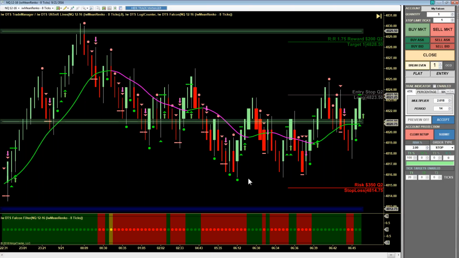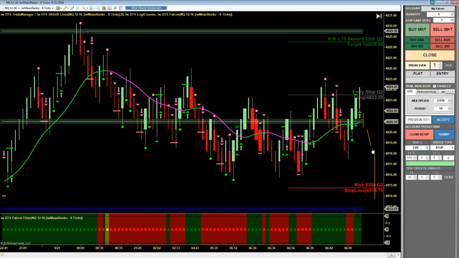So we're going with our high probability stop down here. This is where the market would tell me if I get filled at this point and then the market reverses and trades back through here, I can say with a reasonable amount of certainty, yes, I was wrong about this trade.